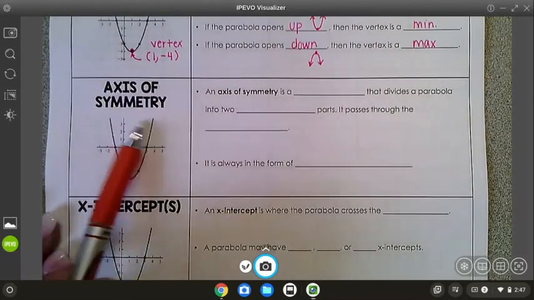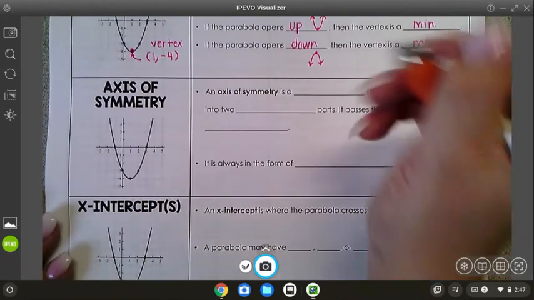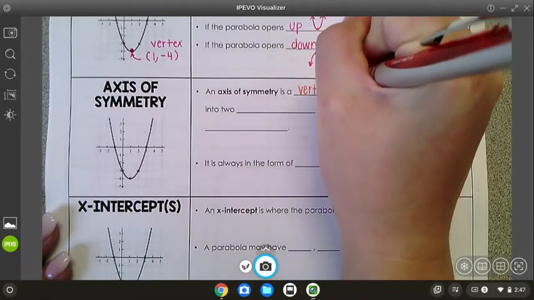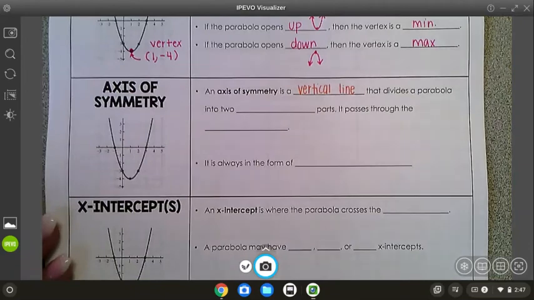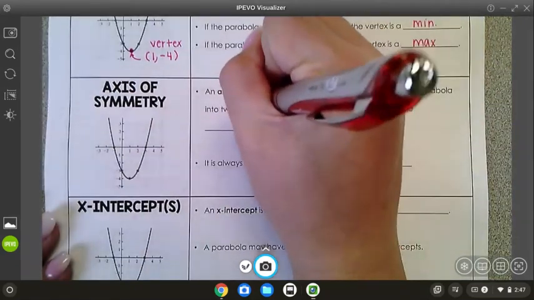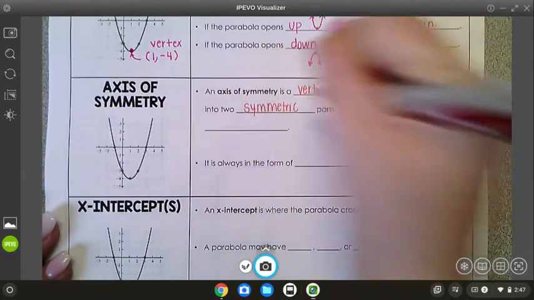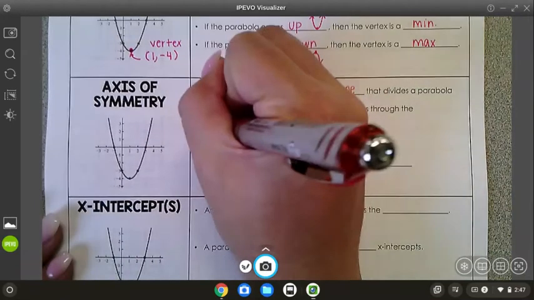The next part is called the axis of symmetry. And the axis of symmetry is a vertical line that divides a parabola into two symmetric parts. It passes through the vertex.